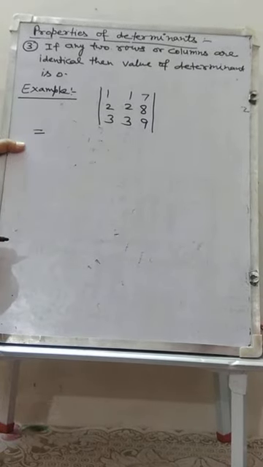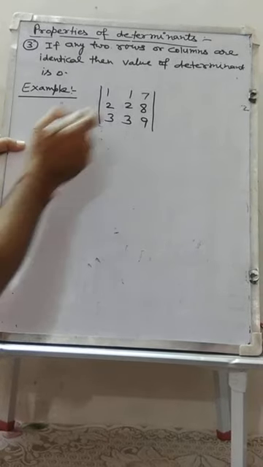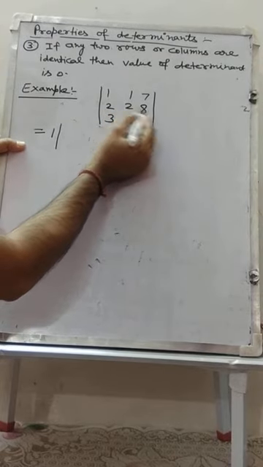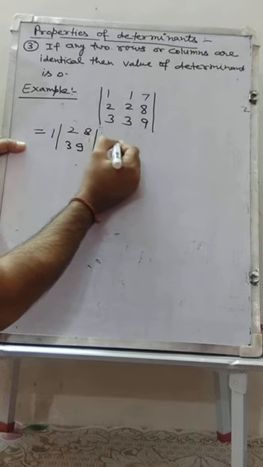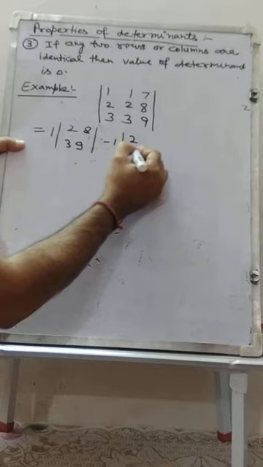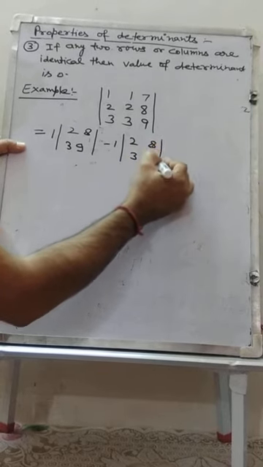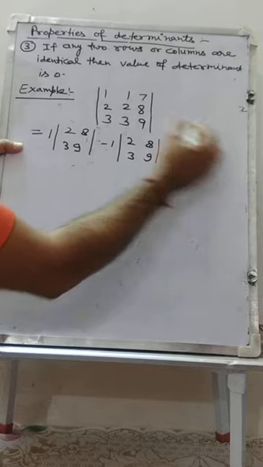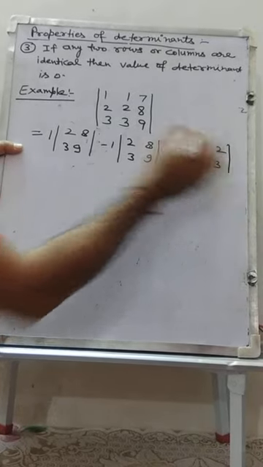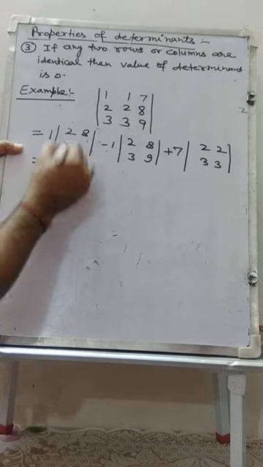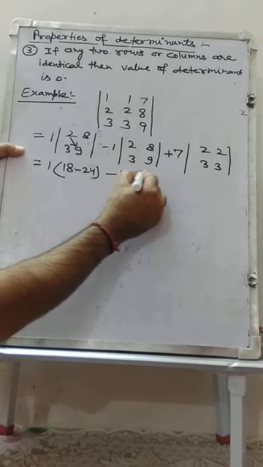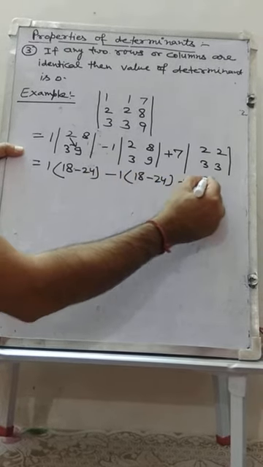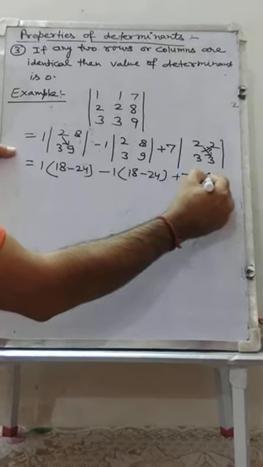So for finding it, here is 1. So 1, then writing its determinant of order 2 by 2, it will be 2, 3, 8, 3 minus 1 into 2, 3, 8, 3 plus 7 into 2, 3, 2, 3. This is equal to 1 into (6 minus 24), minus 1 into (6 minus 24), plus 7 into (6 minus 6).